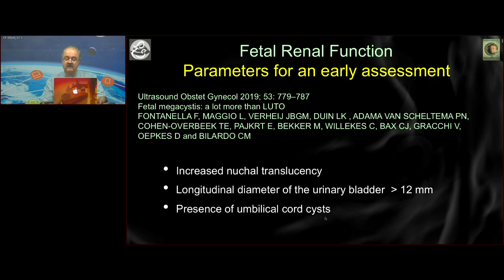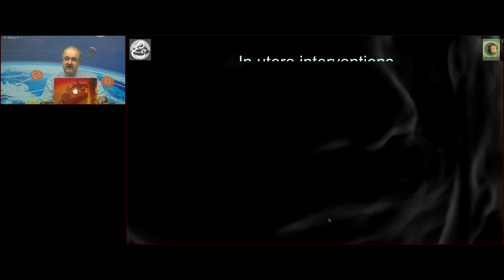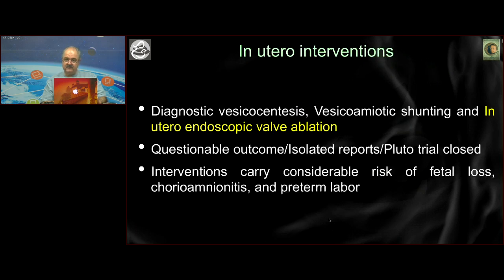Interestingly, all of them surrogate markers, indirect markers, and yet remarkably more predictable than the actual appearances on imaging in the scan where you diagnose obstruction. And this was important because we do realize that over the years the PLUTO trial failed, which was trying to figure out who will benefit from a catheterization, who will benefit from a permanent catheterization or just a puncture.